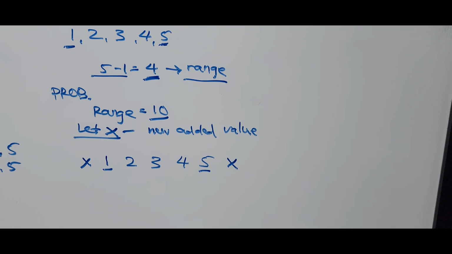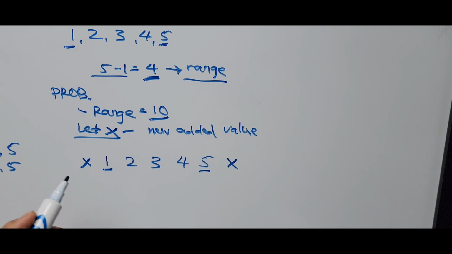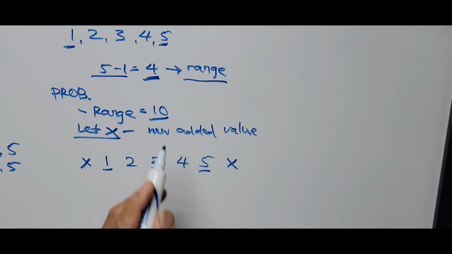So to have a new range, the added value should be less than this or greater than 5.